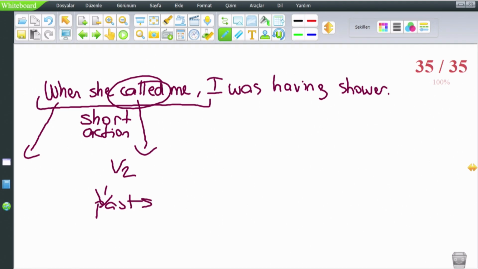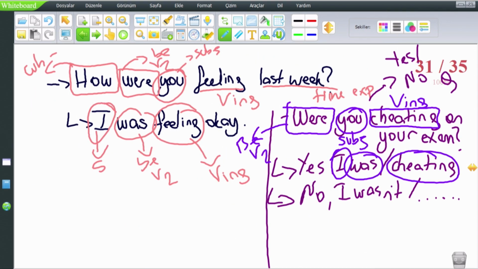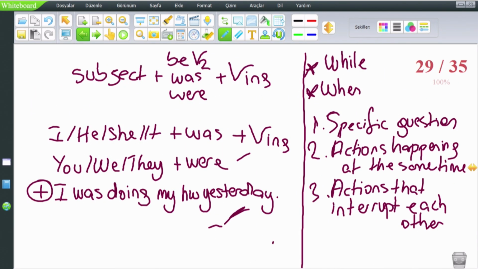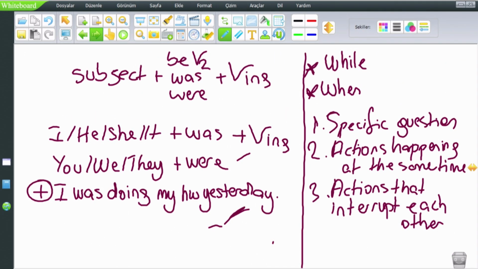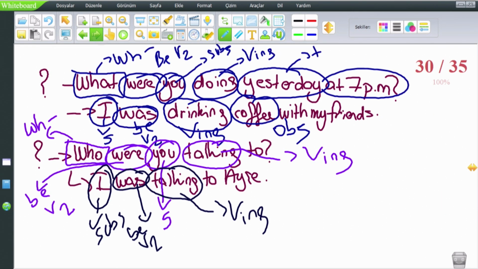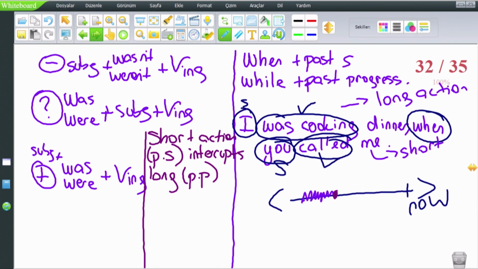And when you look at the second one, you can see the past progressive use in the sentence. I could also change the order of the sentences. It doesn't matter, it will still give the same meaning. Now what we have done so far was to combine short and long actions. We have two sentences in one.